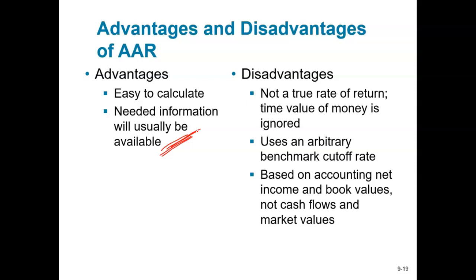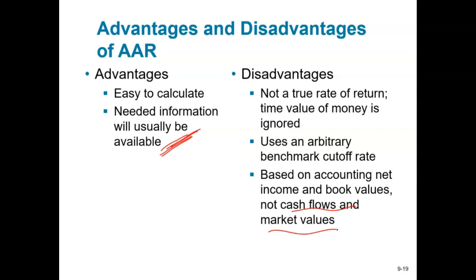So it's much simpler to calculate than the payback period. The disadvantages are plenty. It's not a true rate of return, and it doesn't take the time value of money into consideration. So the time value of money is ignored, and it uses an arbitrary benchmark cutoff rate, and it is based on the accounting net income and book values, not cash flows and the market values.